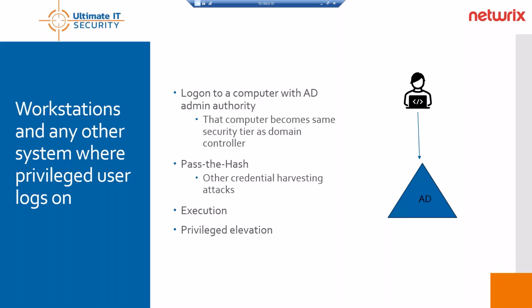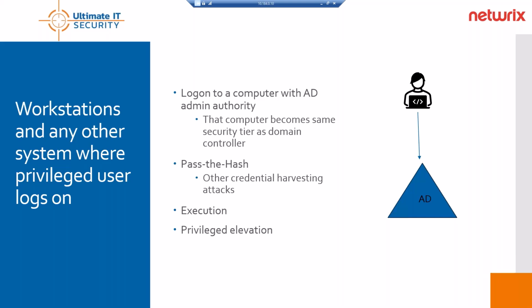The next question is, what computers are they logging on at with that privileged account, especially workstations? All computers, but especially workstations. Where are they logging on with that privileged account? Those workstations now get dragged in and become tier 0 as well.